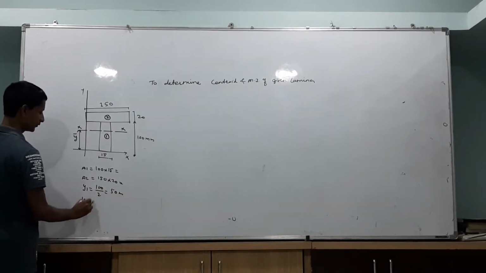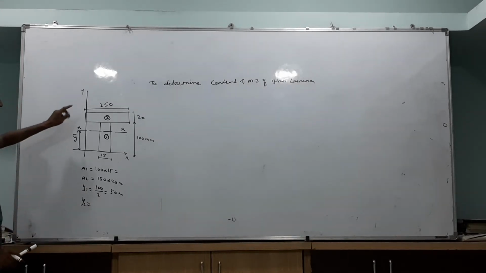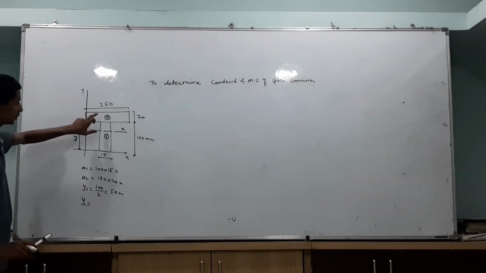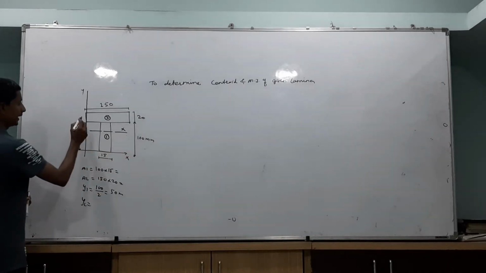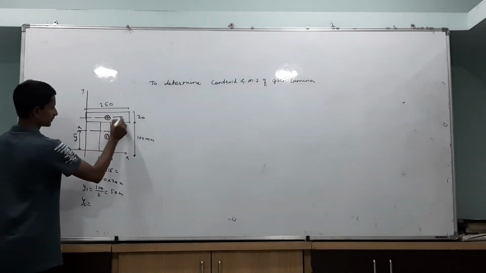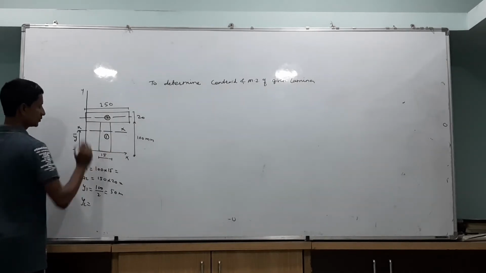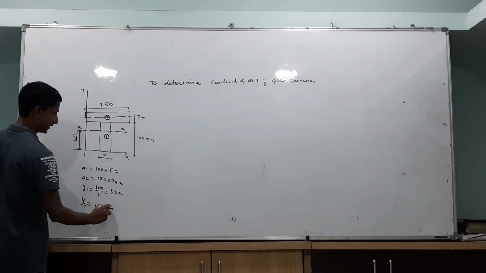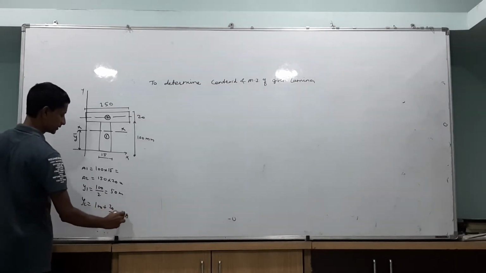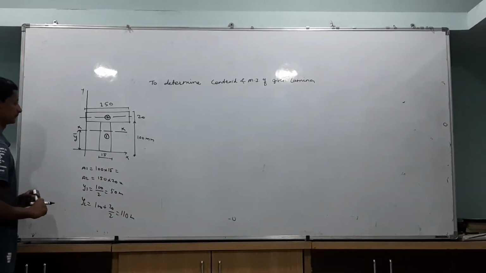Similarly, we have to calculate y2. Y2 means the centroid of area number 2 from the given reference x-axis. So it will be at the mid of this one. So this distance will be y2. So y2 is 100 plus 20 divided by 2, that is 110 mm.